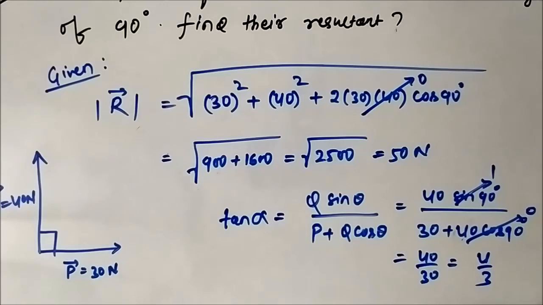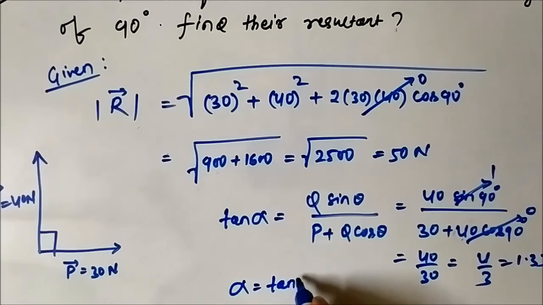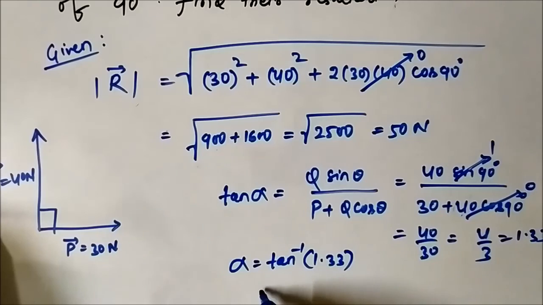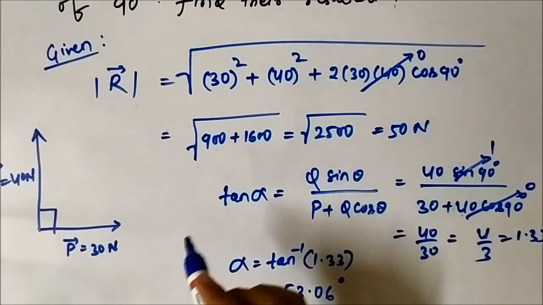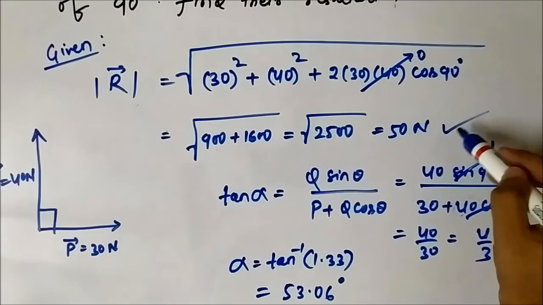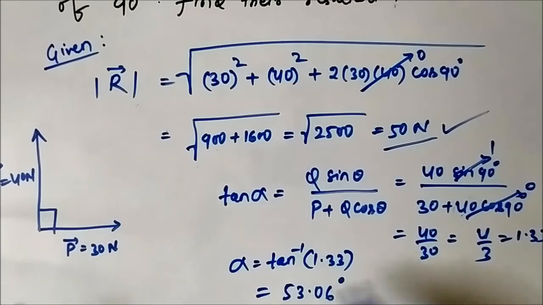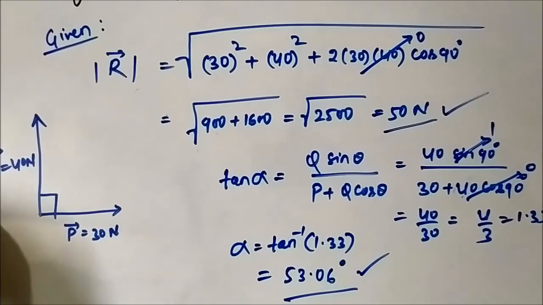Tan alpha is equal to 4 by 3, which is around 1.33. So alpha will be tan inverse of 1.33, which is around 53.06 degrees. So this is the magnitude of the resultant and this is the angle of the resultant. So these are the two parts of the question.